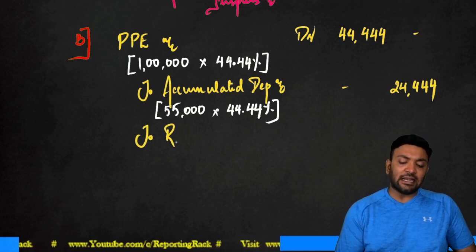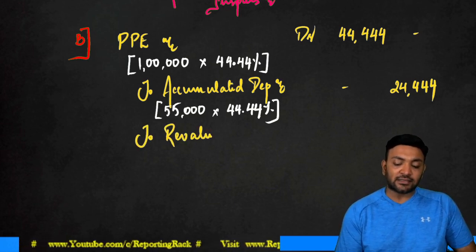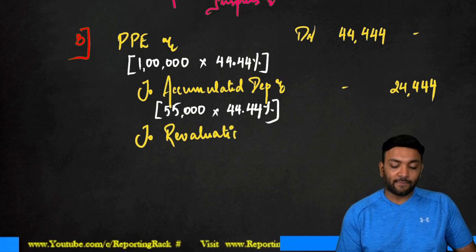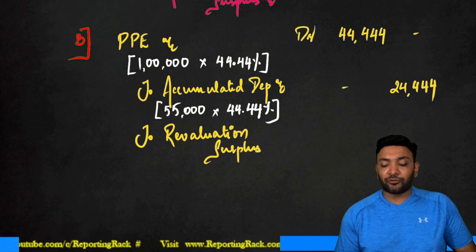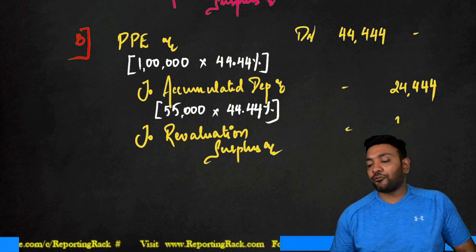Finally, that will result in a revaluation surplus, which is the balance figure from the entry of 20,000.